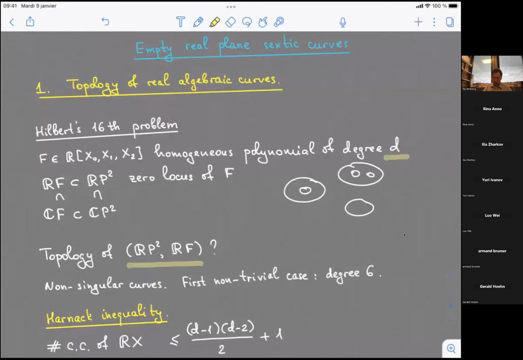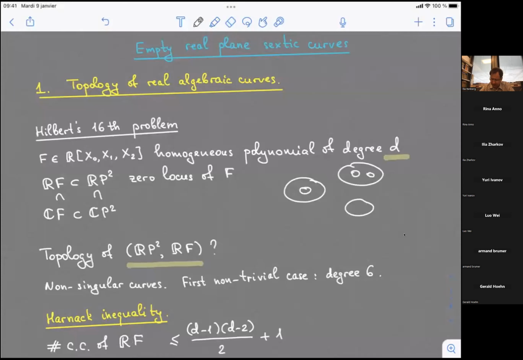So the number of connected components of the real point set of our curve, I don't know why I wrote x, so it's f. So the number of connected components of this real zero locus of our polynomial in RP2 is bounded from above by (d minus 1)(d minus 2)/2 plus 1. So (d minus 1)(d minus 2)/2 is the genus of this Riemann surface, which is the complex point set of our curve. And so the bound is genus plus 1.